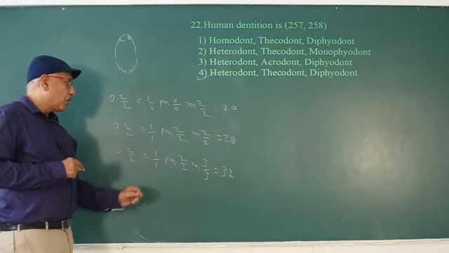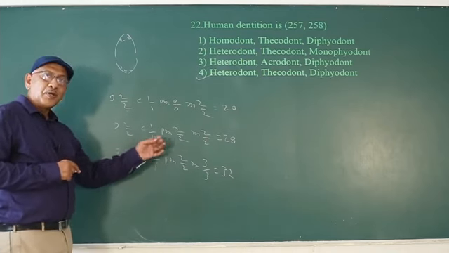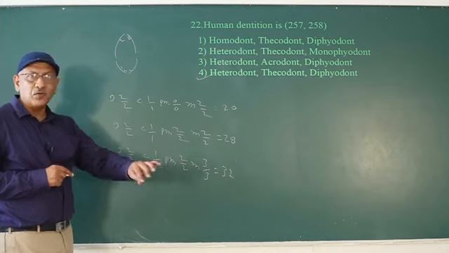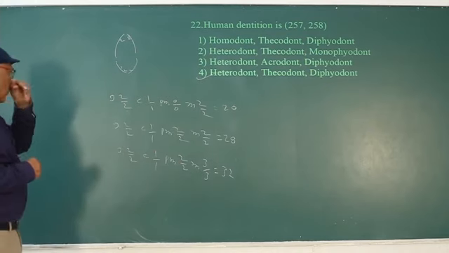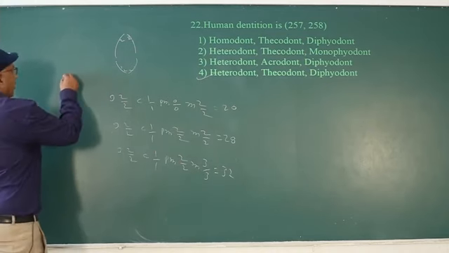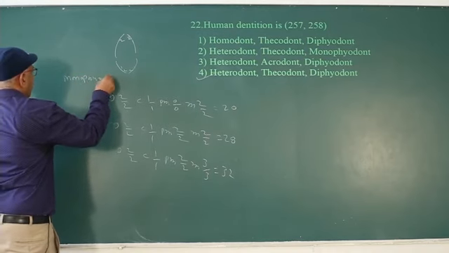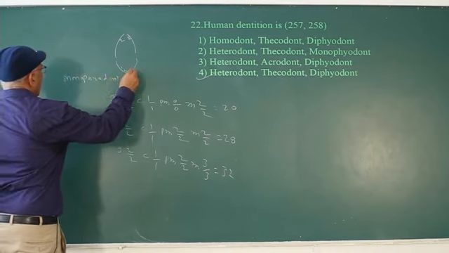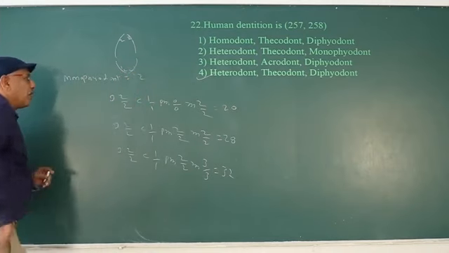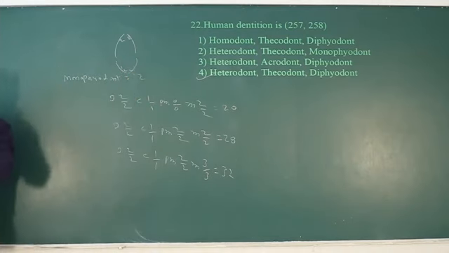All premolars 8, last molars 4: 12 teeth are formed only once. So number of monophyodont teeth 12, number of diphyodont teeth 20.